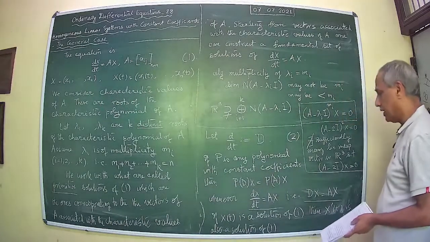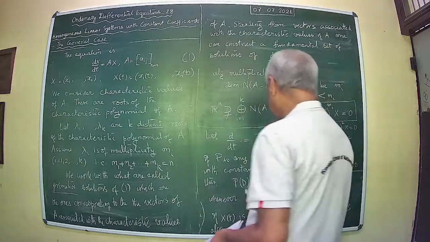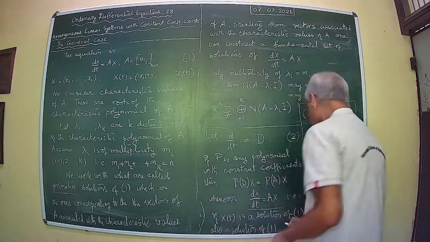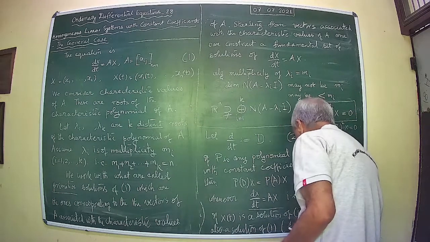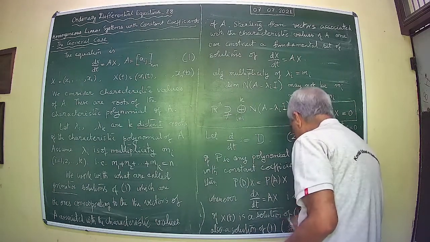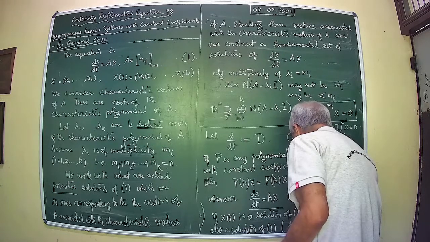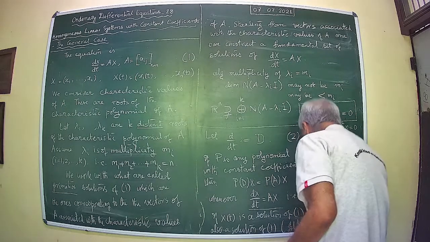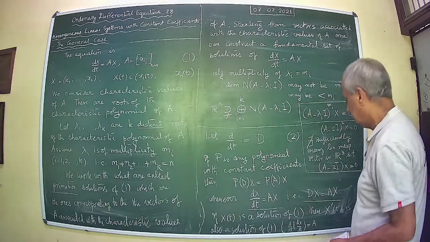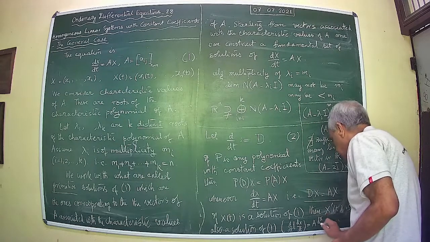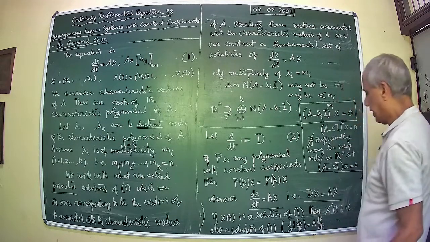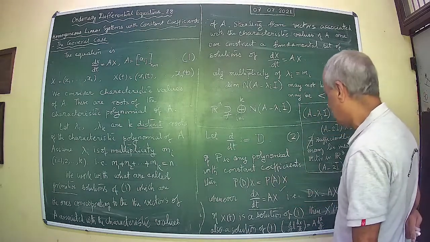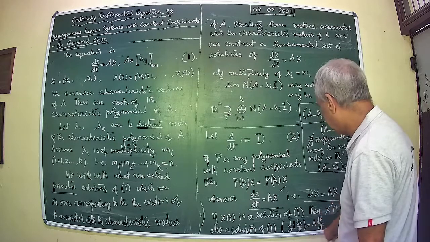Now you take the second derivative, or you take the derivative of this. So you see, d/dt of A is a constant matrix, therefore you see that if this relation is true, namely x is a solution of this equation, then dx/dt is also a solution of that.